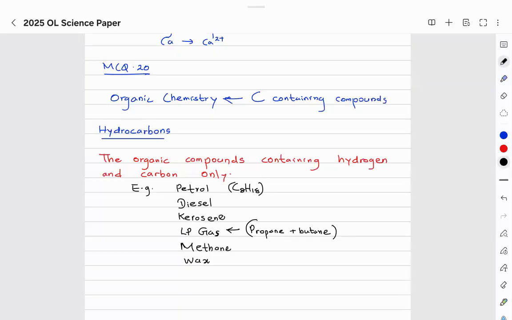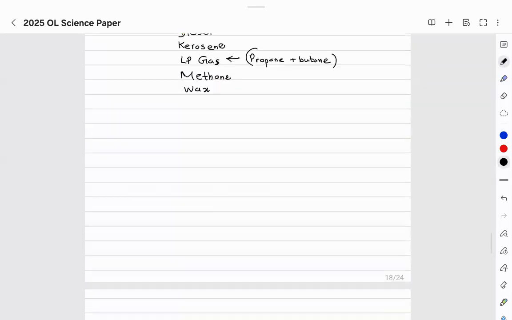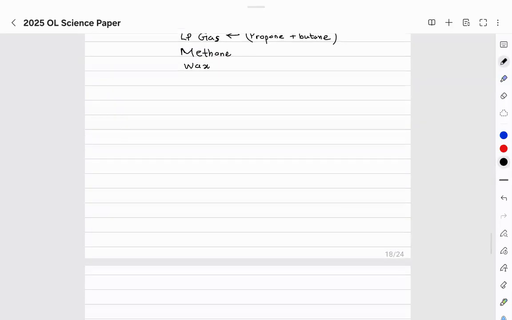Under the structure of the hydrocarbons, we are classifying them as alkanes, alkenes, and alkynes.